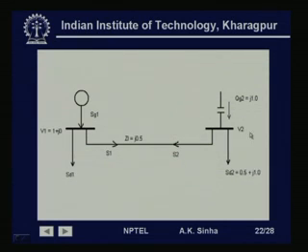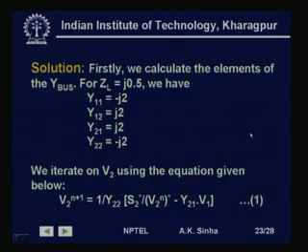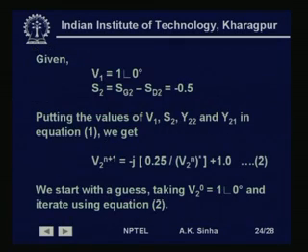If we do this, we get S2 equal to minus 0.5. Sorry, so S2, the injection at bus 2, is equal to minus 0.5.